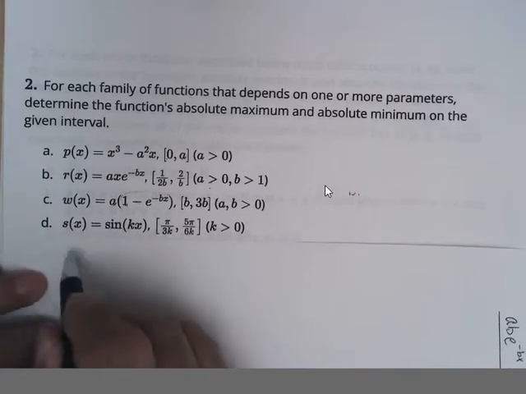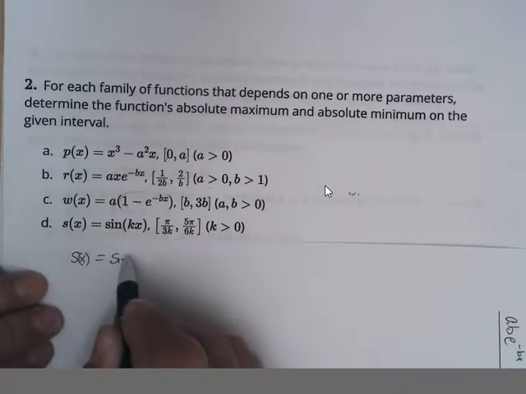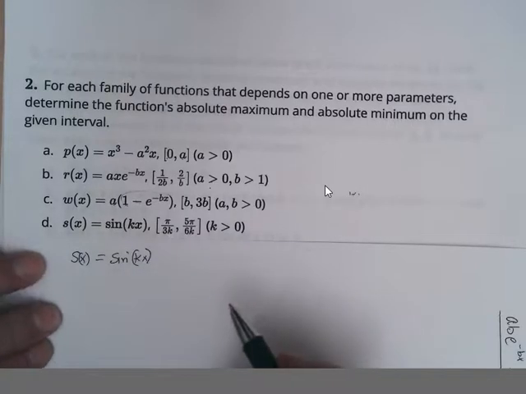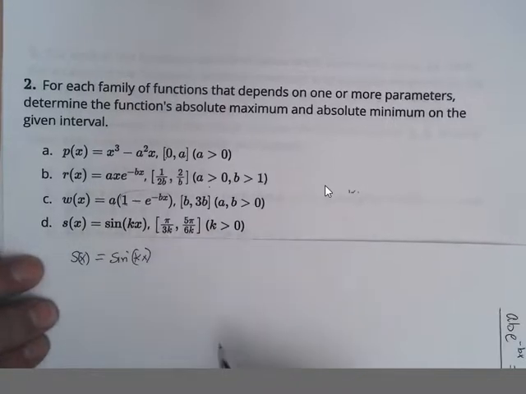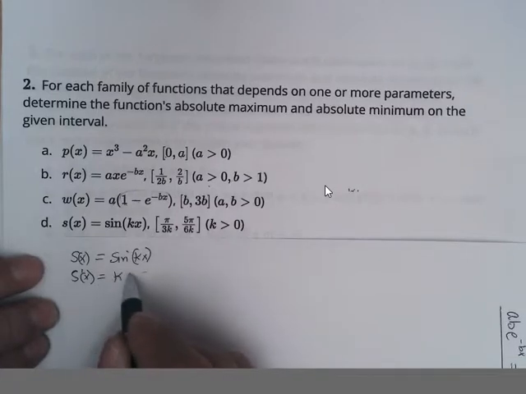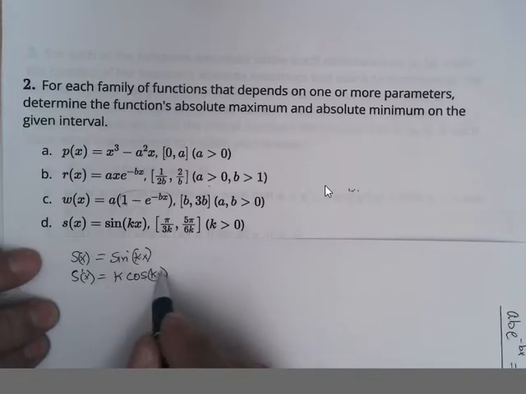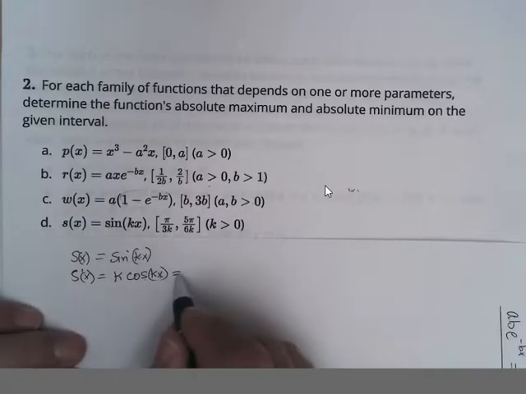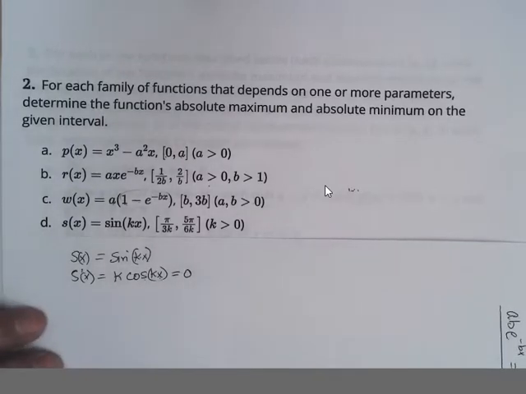So s of x is sine of kx, and k is a positive number. So s prime of x is k cosine kx. The derivative of sine is cosine of the same stuff times the derivative inside, which is k. And we're supposed to find out when that equals 0.